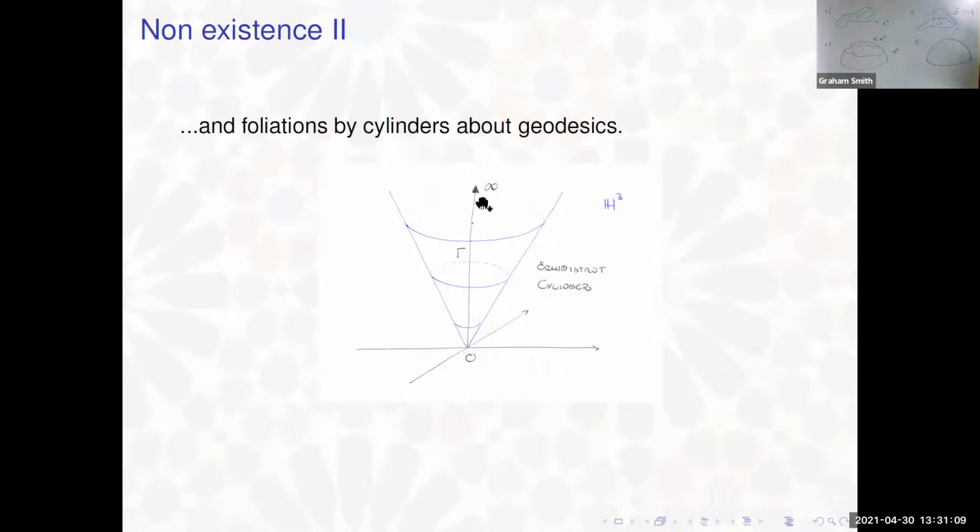And then, as before, we can show that the solution to this Plateau problem has to be trapped inside every single one of these cylinders, which we show using a geometric maximum principle, and then we let the radii of these cylinders tend towards zero, yielding a contradiction. So, a very simple geometric argument that Francois has to show that there can't be solutions in this case.